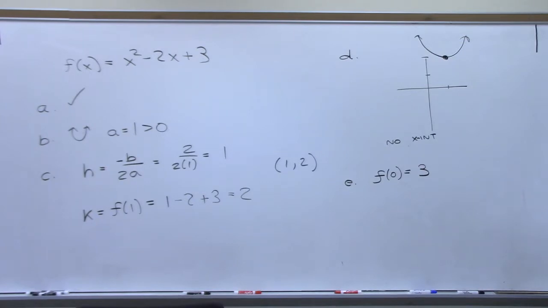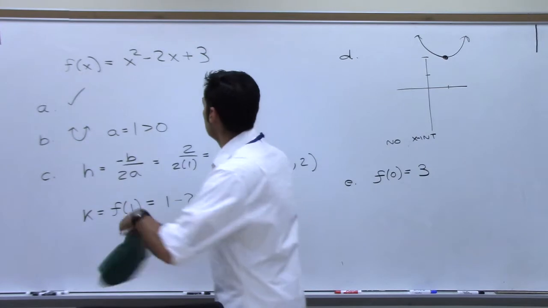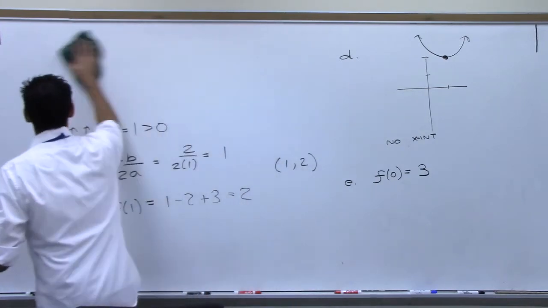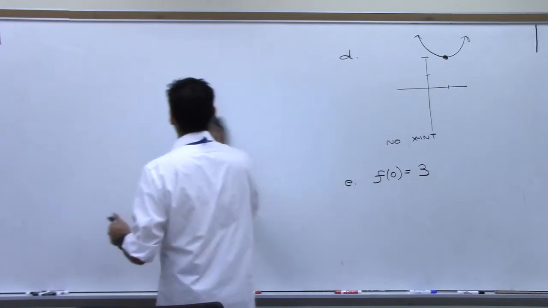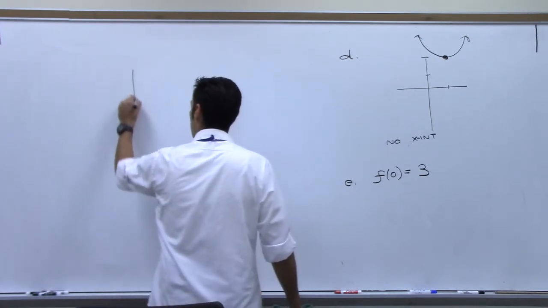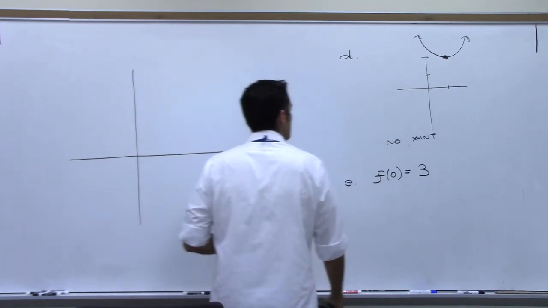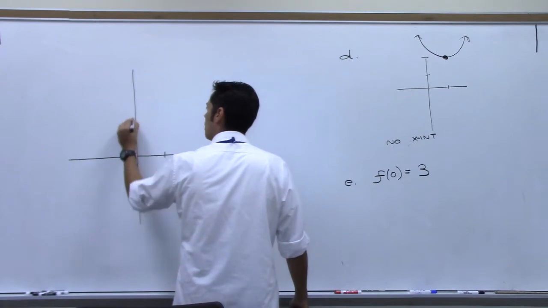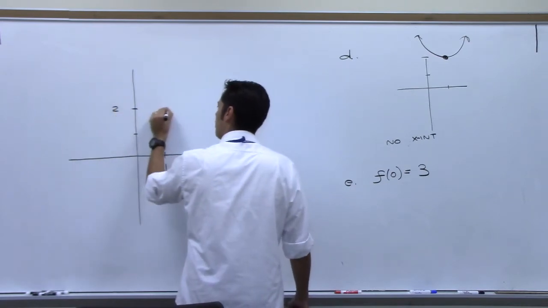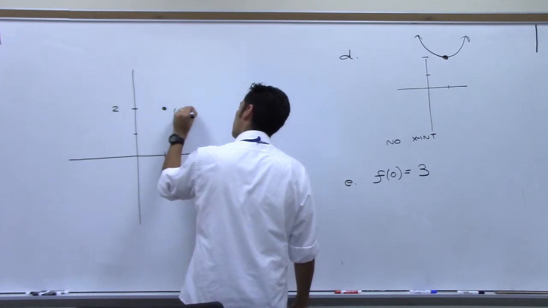And now the last part, part F, is to draw me the picture. Well, we don't have a lot of information, do we? We don't, but we have enough to draw a pretty decent picture. I know that I have a vertex at (1, 2), so I'm going to put this point here and label it (1, 2).